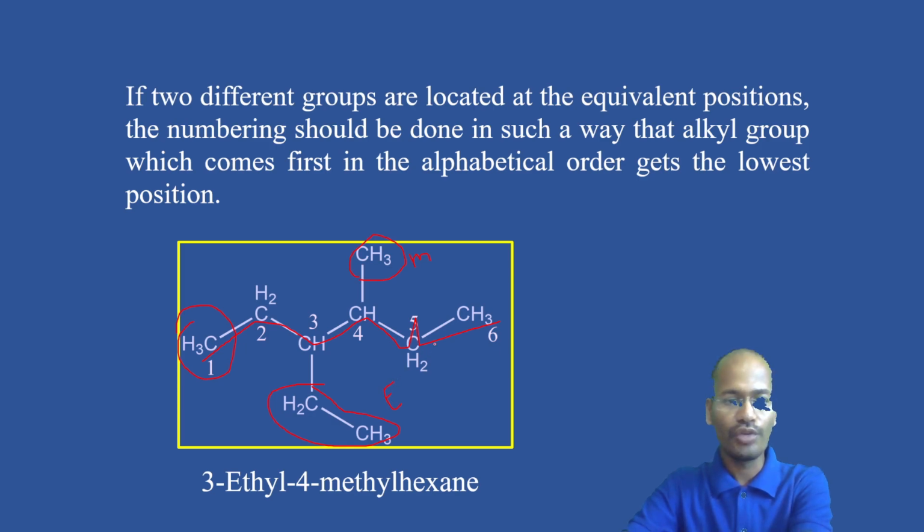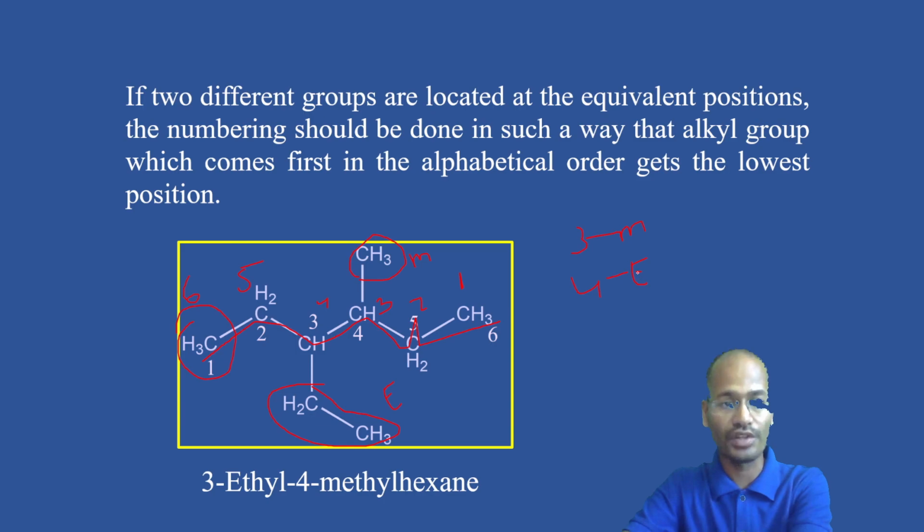Now, if you start numbering from this side, 1, 2, 3, 4, 5, 6, in case you number as per my marking with red ink, what we are going to get is third position methyl and fourth position ethyl.